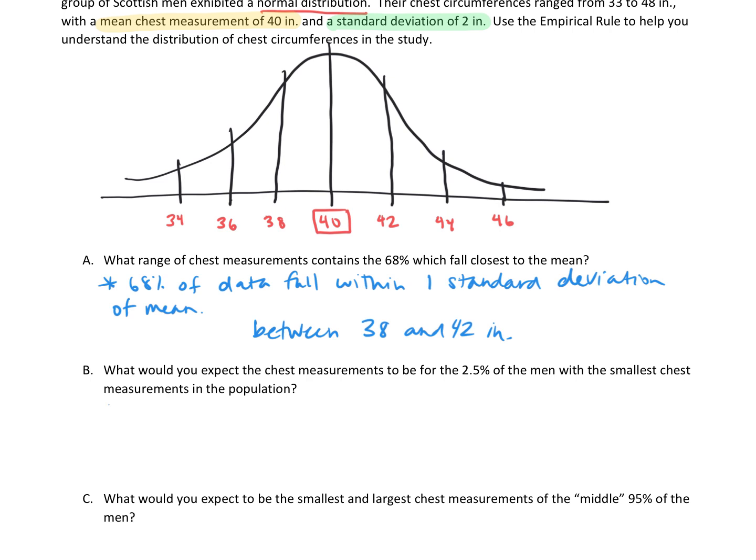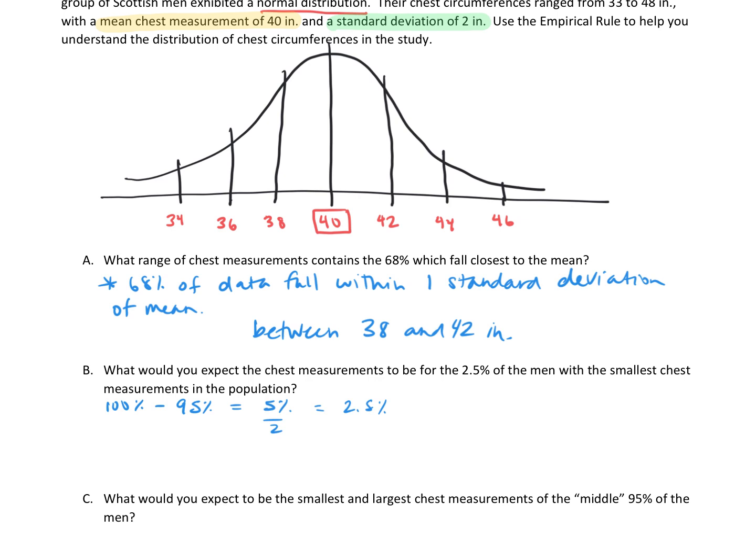So if we take the 100% of data, subtract 95%, that leaves us with 5% remaining for the rest of the data. And because this is a normal distribution, it's symmetrical on both sides. So if we cut that in half, 2.5% of the data above or below our 95% is going to get us what we need.